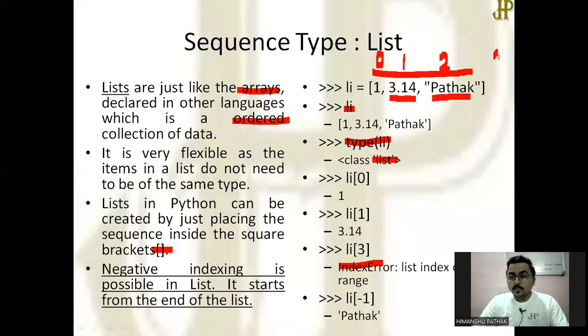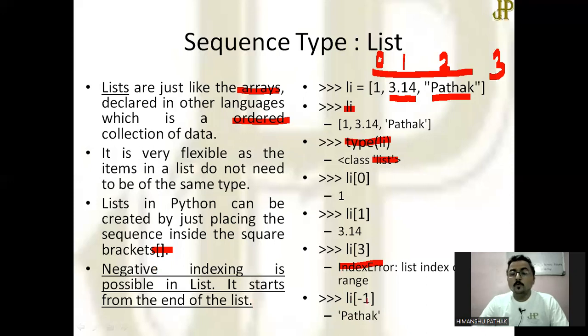In the 3rd position, there is no such value stored. That's why an index out of bound exception, like in Java, is generated, known as index error. Clear?